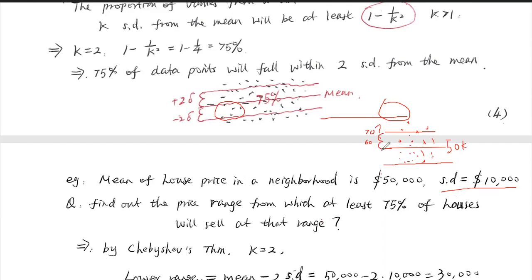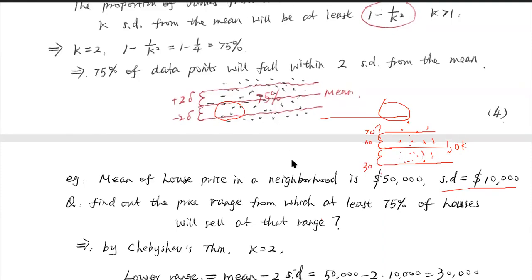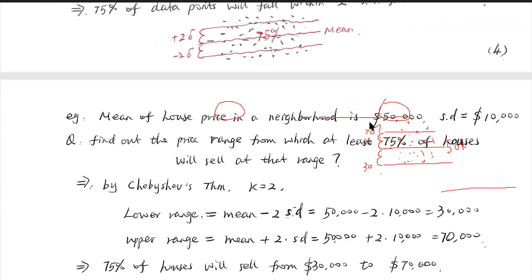Similarly, for the lower range, 50K minus 10, we get 40. And continuing to minus another 10K, we get 30. So the answer should be between 30,000 and 70,000.